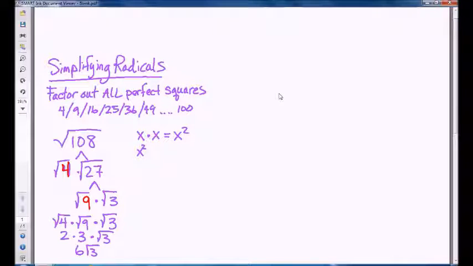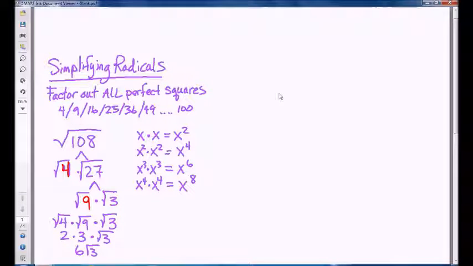X squared times x squared is x to the 4th. When we multiply exponents, we add them. So x cubed times x cubed is x to the 6th. X to the 4th times x to the 4th equals x to the 8th.